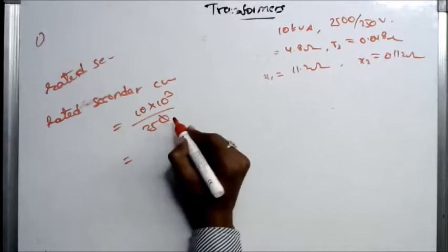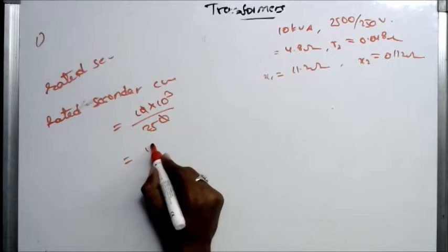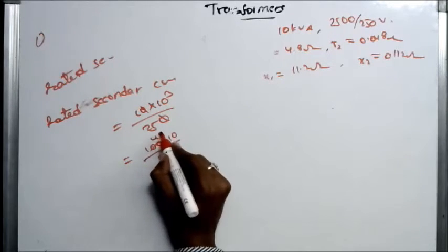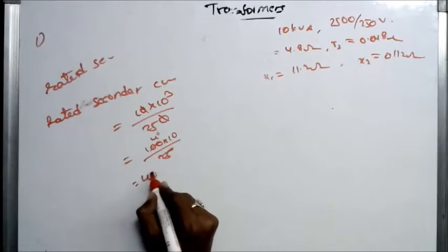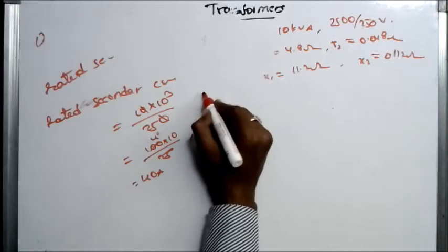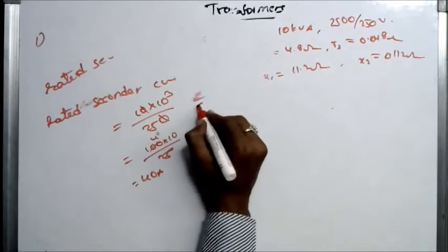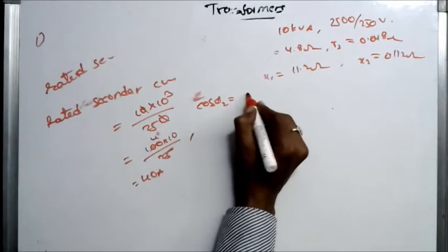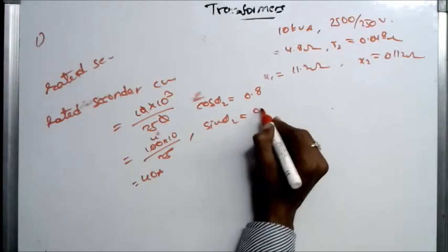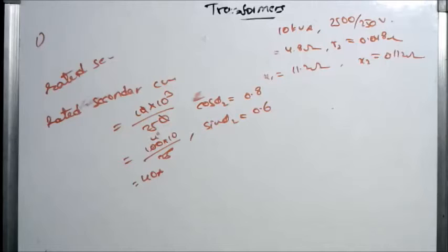What will be the answer? 100 into 10 divided by 25, so I will get 40 amps. Okay, power factor is given: cos phi 2 is equal to 0.8, sin phi 2 is equal to 0.6.